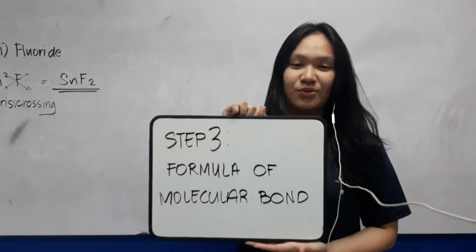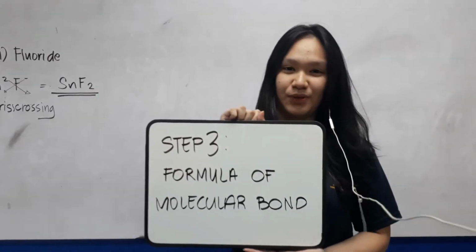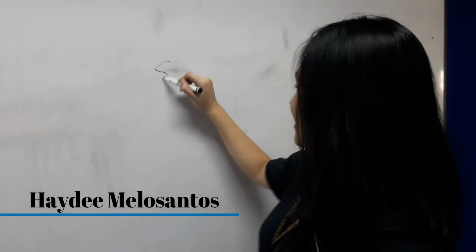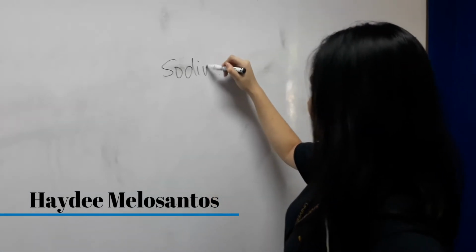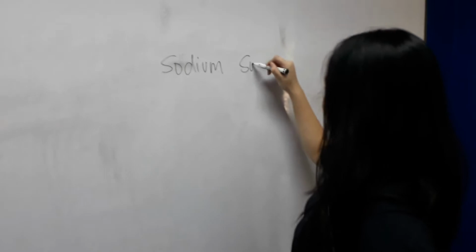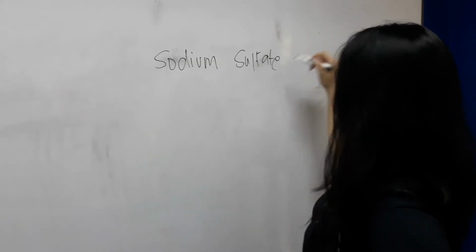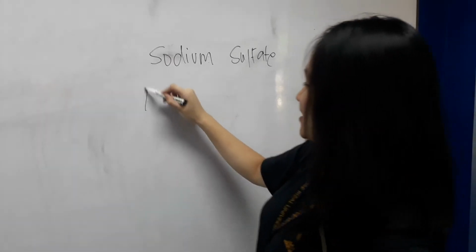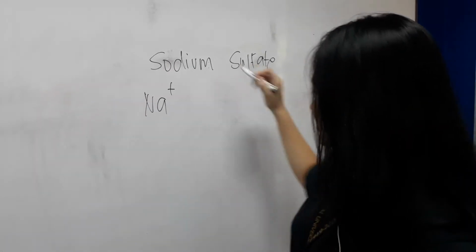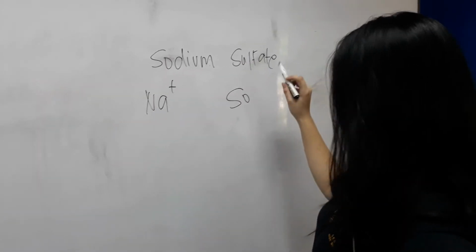Step 3. We are going to do the chemical formula. So I'm going to show you the example of covalent bonding. Sodium sulfate, and this is the element of sodium, and this is the element of sulfate.